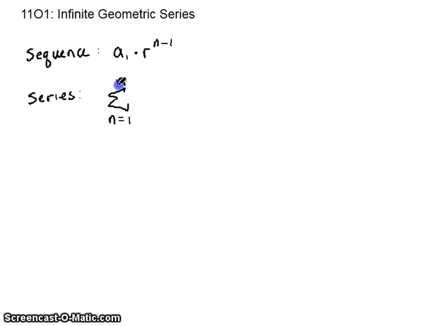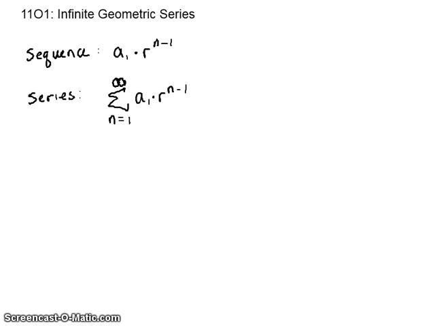But we're going to change this a little bit. Since we want to talk about infinite geometric series, we're going to start with n equals 1 and go all the way to infinity. We're just going to take that sequence definition and find our sum of it. If you don't remember what this layout means, we plug 1 in for n, get an answer, plug 2 in for n, get an answer, plug 3 in for n, get an answer, add all those things up, and that's going to be our sum.